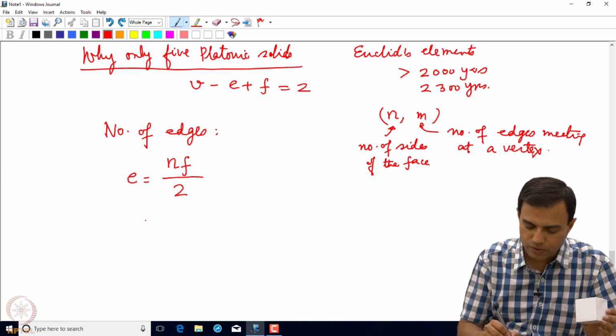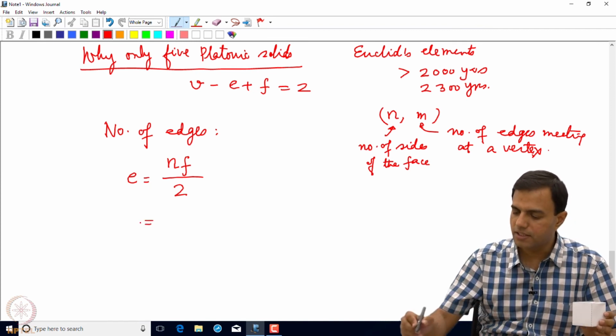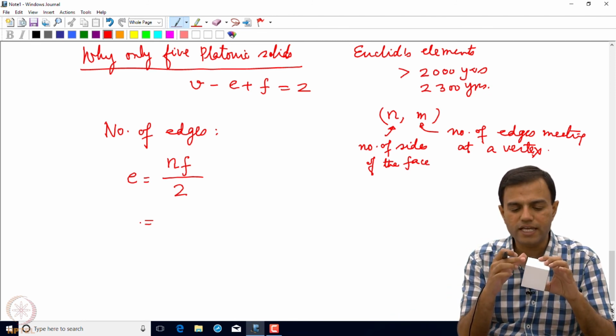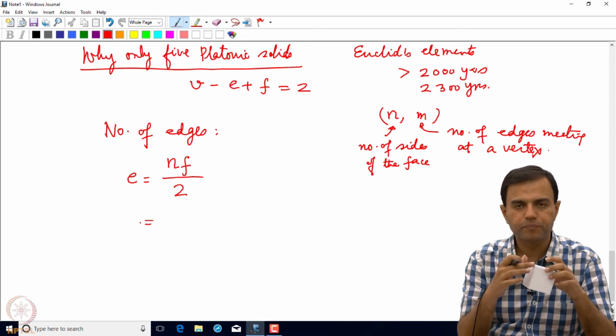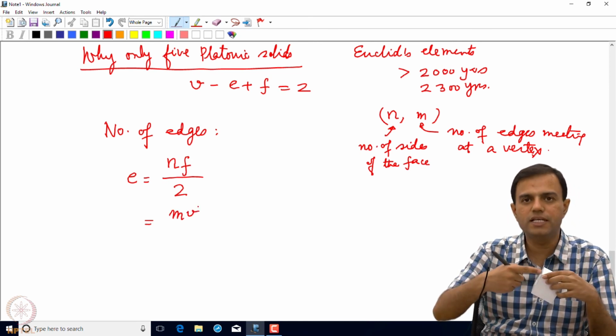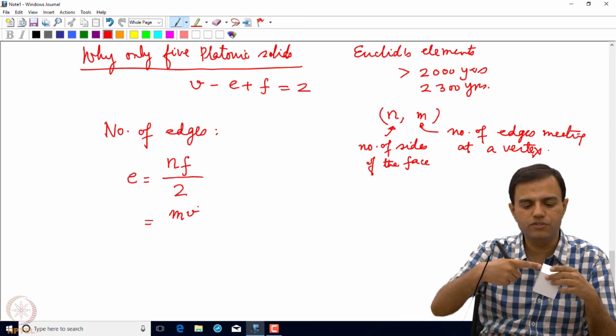But then I could have also counted it in a different way, because I have a vertex, and at that vertex I have these many edges which are coming out of it. So maybe m times V, and each edge is shared by 2 vertices. So each edge is having this vertex and that vertex.